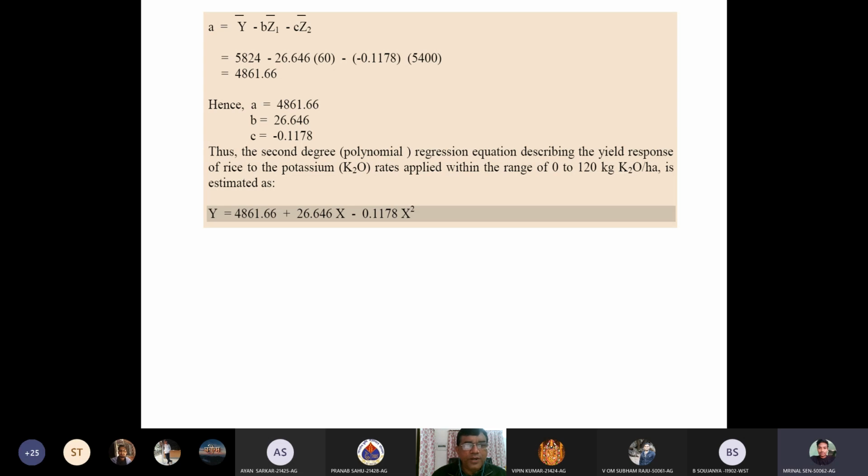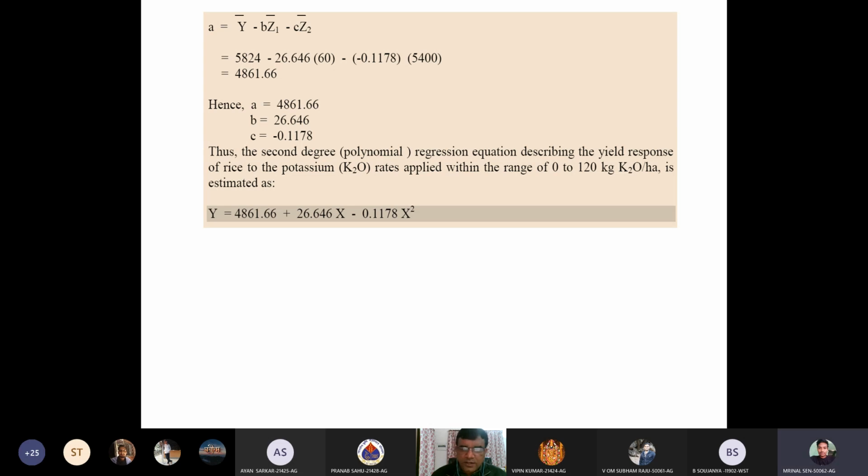Yeah, but 4861.66. Sir, in that table it is given that at input level x equal to 0, the y is 4878. But sir, a is coming at 4861.